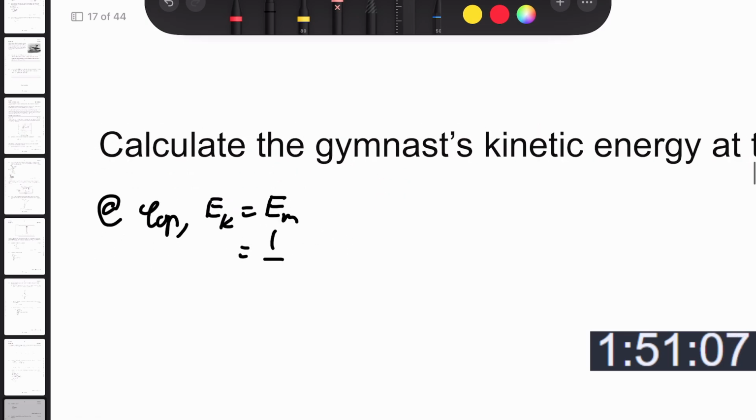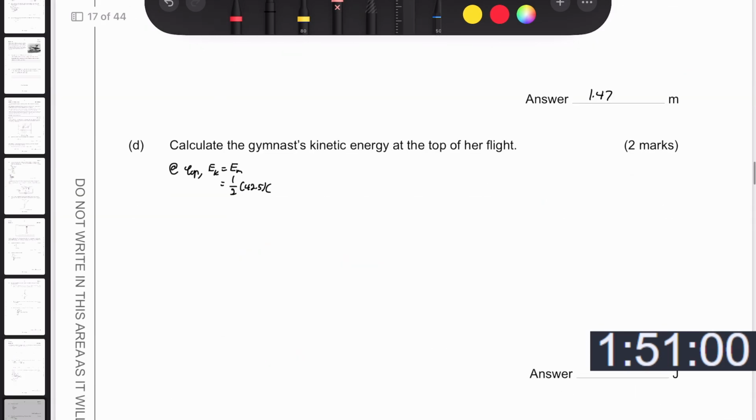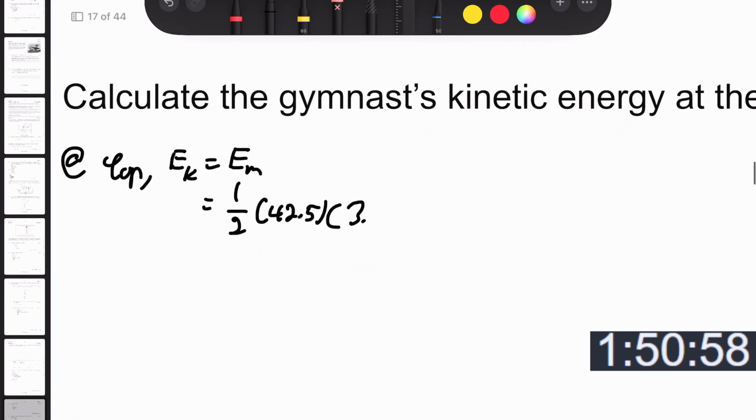So half of 42.5, and velocity is 3.1 squared plus 1.25 times 9.8 times 42.5.